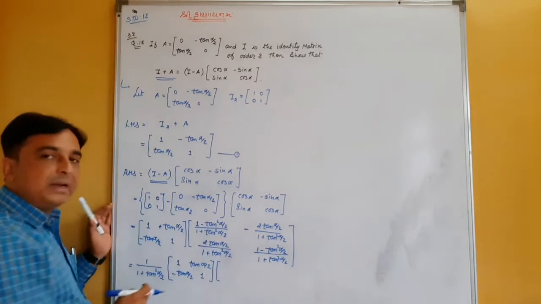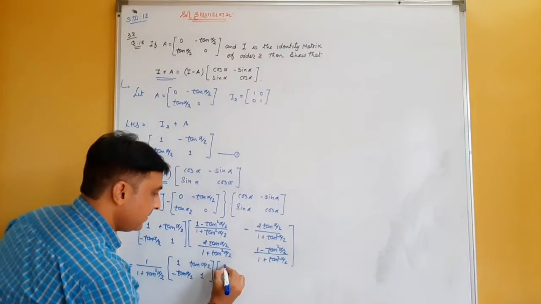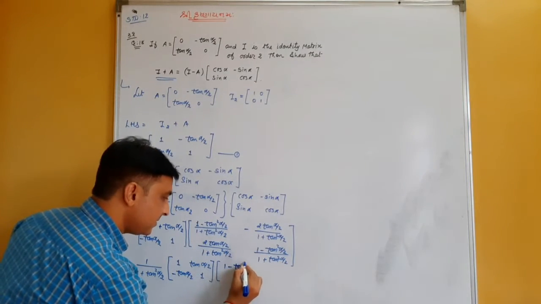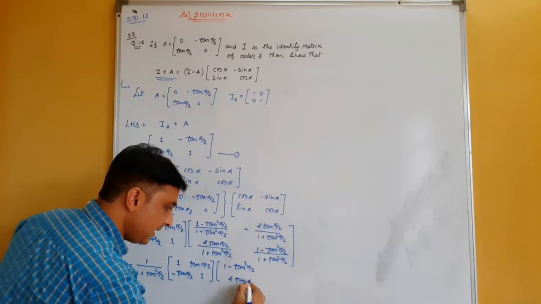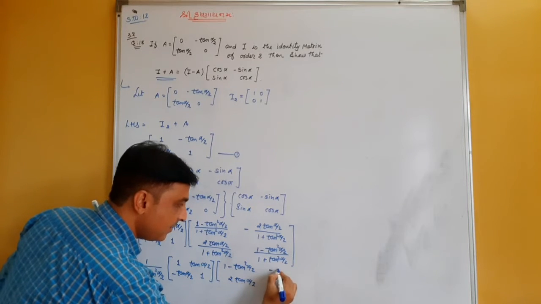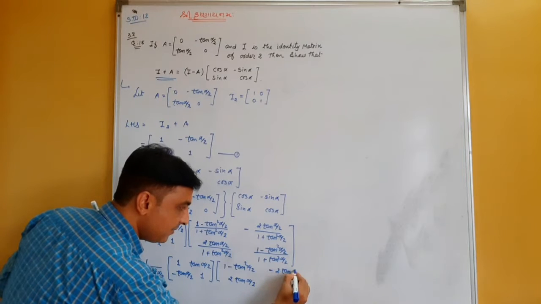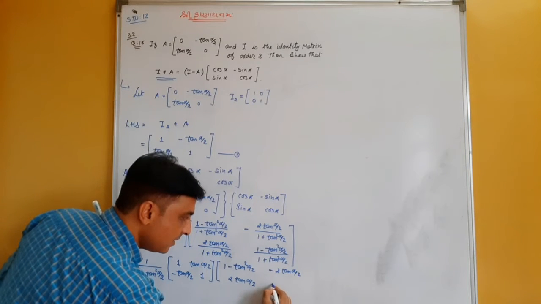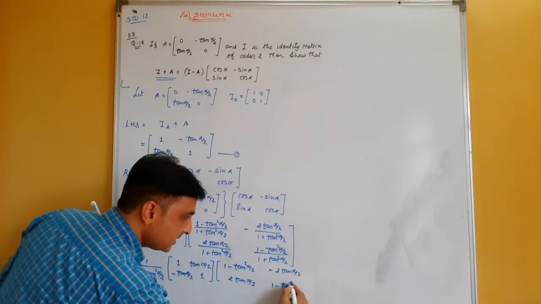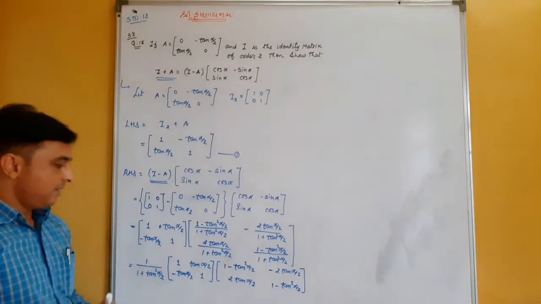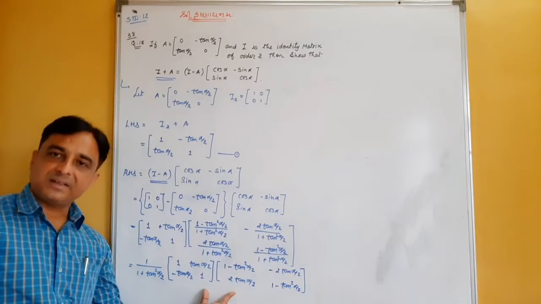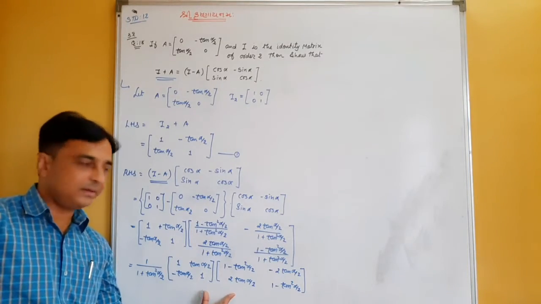Only the numerator will remain. 1 minus tan square alpha by 2, minus 2 tan alpha by 2, 2 tan alpha by 2 and 1 minus tan square alpha by 2. Multiply these two matrices and simplify it.